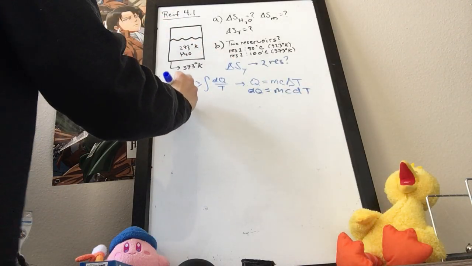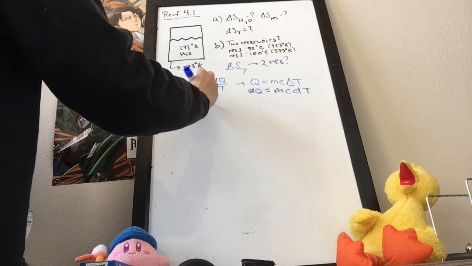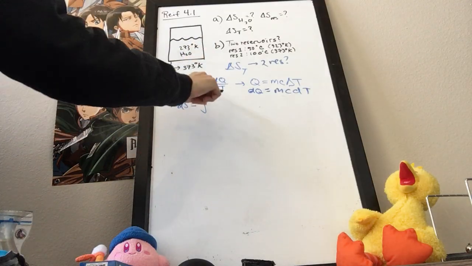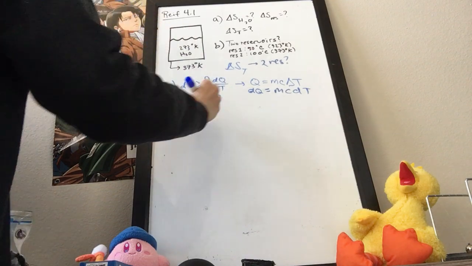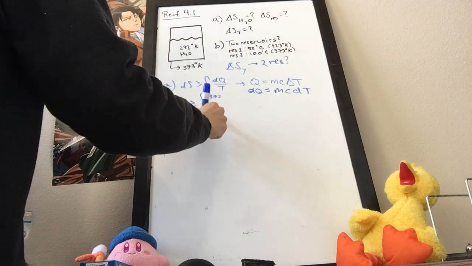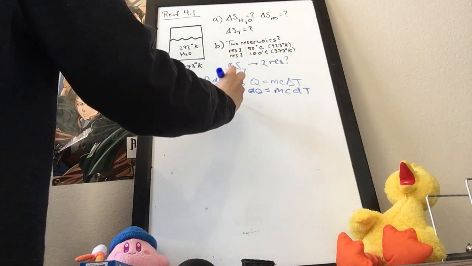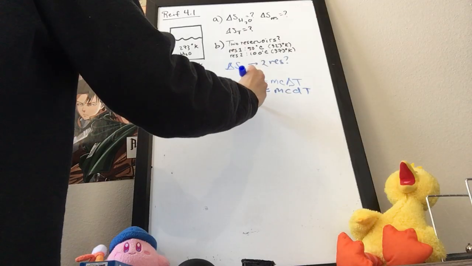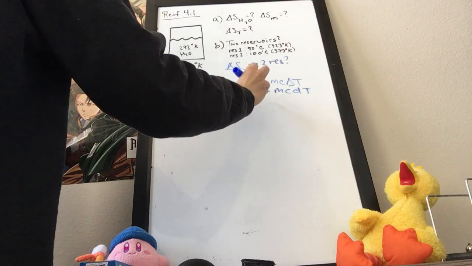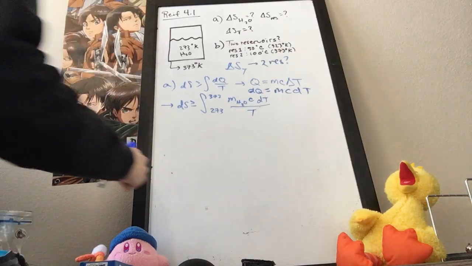So that becomes dS is greater than or equal to the integral from 273 to 373, I need to be specific in my language, of the mass of our water times the specific heat per mole of our water, dT over T.